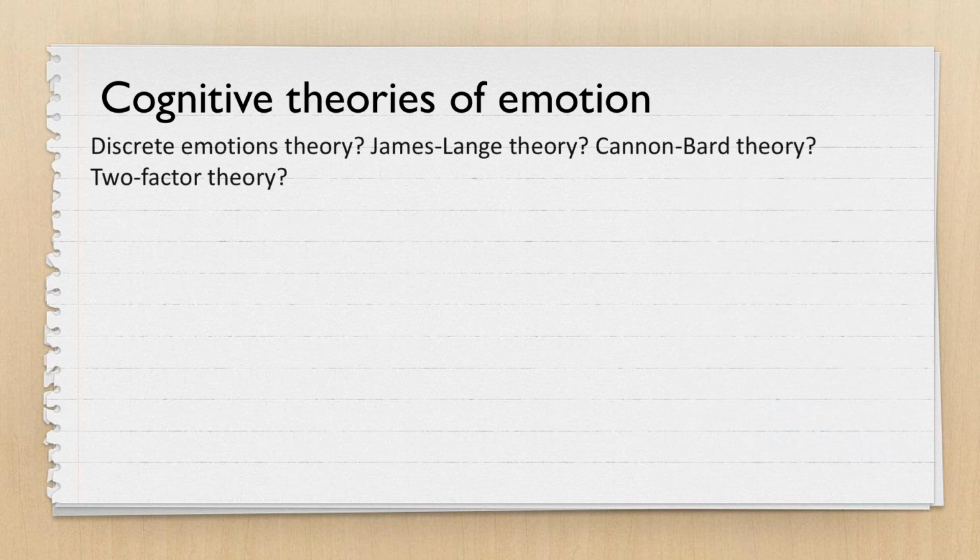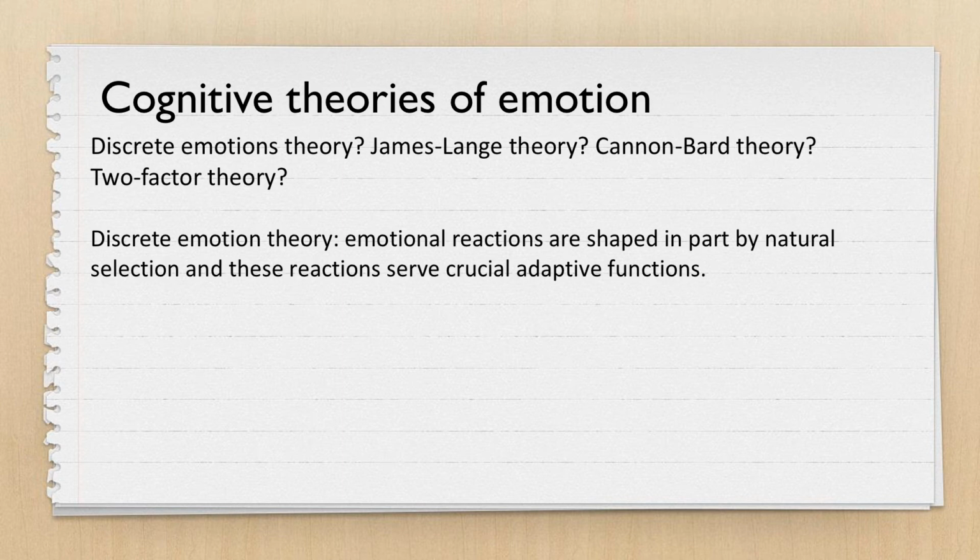So we have talked about these four theories: discrete emotion theory, James-Lange theory, Cannon-Bard theory, and two-factor theory. Which theory is correct? As is often the case in psychology, there is some truth to several explanations. Discrete emotion theory is probably correct that our emotional reactions are shaped in part by natural selection, and that these reactions serve critical adaptive functions.